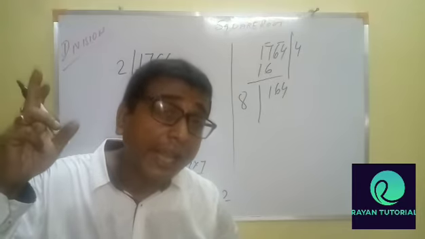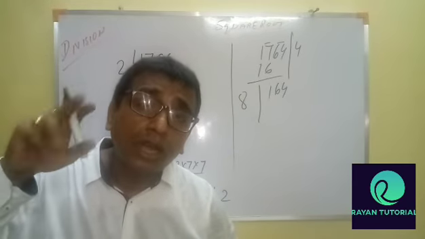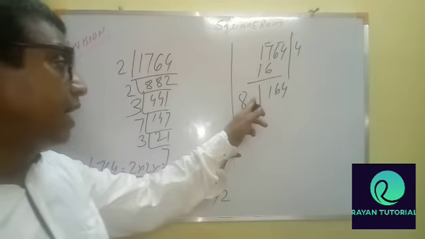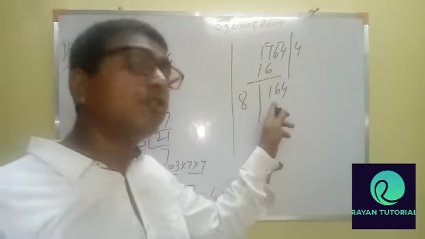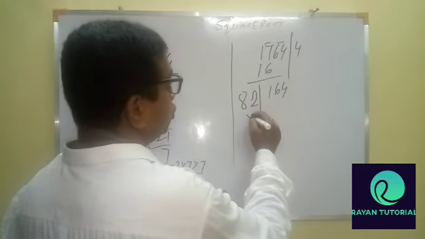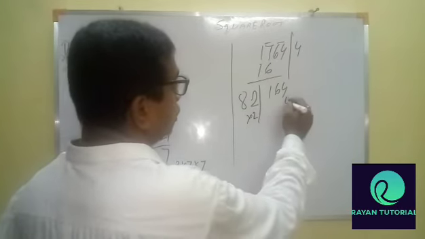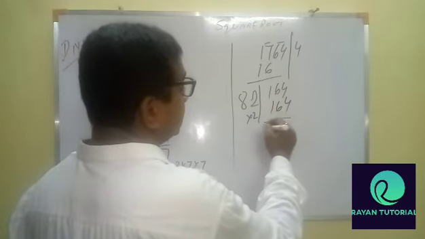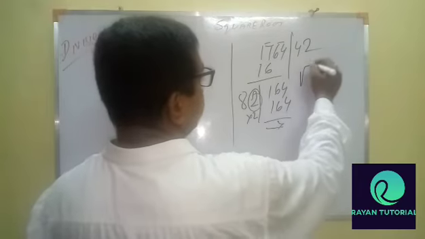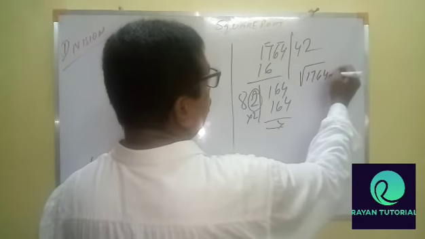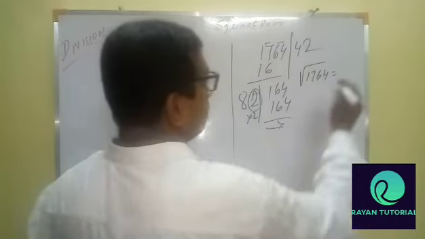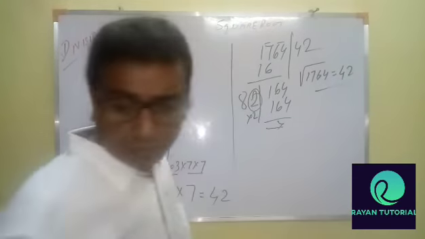Either 2 or 8. 2 2s are 4. 8 8s are 64. Now if I put 8 here, 8 8s are 64, but here is only 16. So here should be 2. So multiply by 2. 2 2s are 4. 2 8s are 16. These two put it here again. Therefore, square root of 1764 is 42. My handwriting is too bad, please consider it.